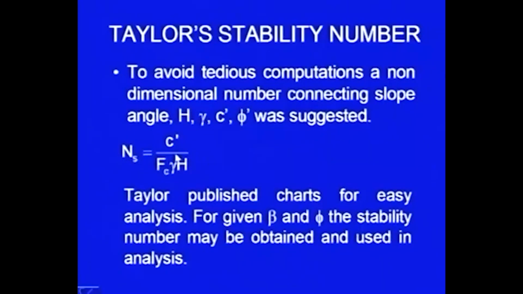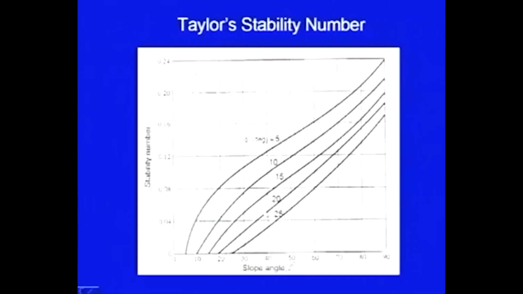So, this is Taylor's stability number. It is defined as c dash upon F c gamma into h, and Taylor has published charts for easy analysis. For given beta and phi, the stability number may be obtained and used in the analysis.